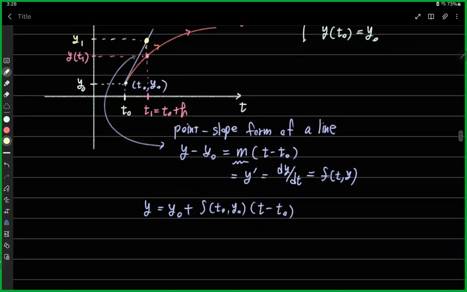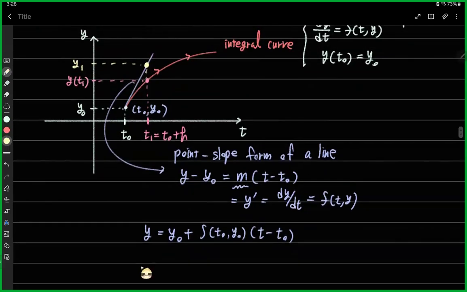So what's y sub 1? y1 is y0 plus f of t0 comma y0 times t1 minus t0.